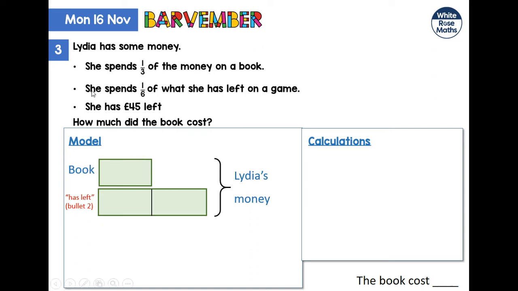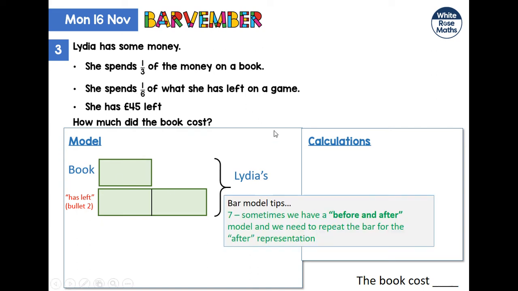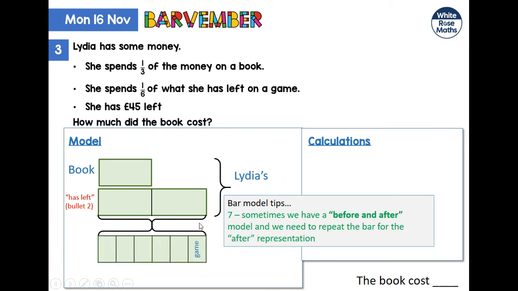Okay, so we can now deal with this second bullet. And this is where we have this sort of before and after representation if we want to deal with the same amount of money twice. So this is the bit that she has left, and it's a sixth of this amount here, these 2/3 that she spends on the game.